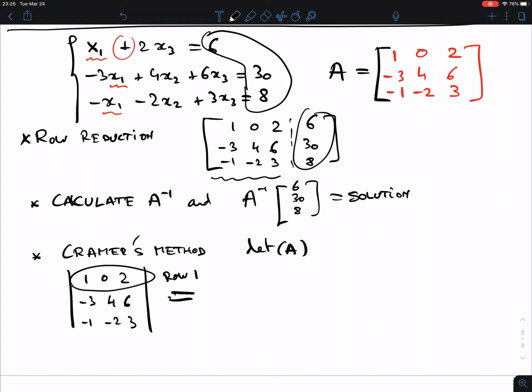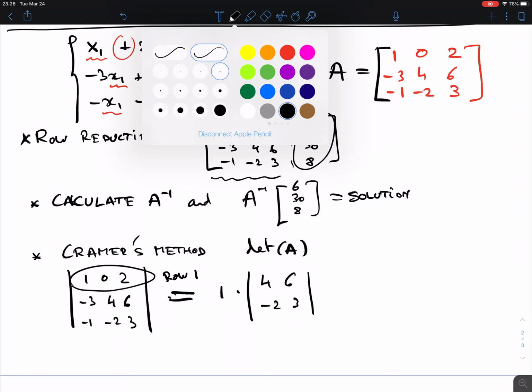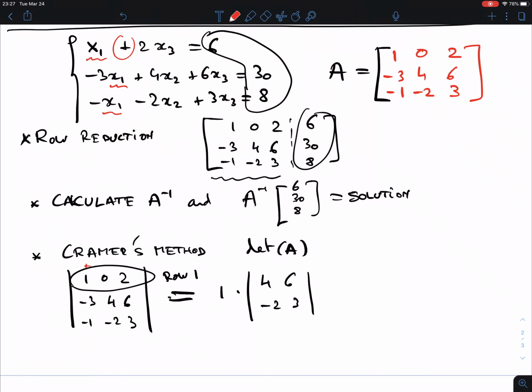Expanding around this one, we have 1 times what is left, which is 4, 6, -2, 3. Do you see that? We have to keep track of the signs: plus, minus, plus, minus, plus, minus, plus, minus, plus. So this is 0 with a negative sign, so actually I don't need to write it. And then we have this one, so plus 2, and what is left is -3, 4, -1, -2.